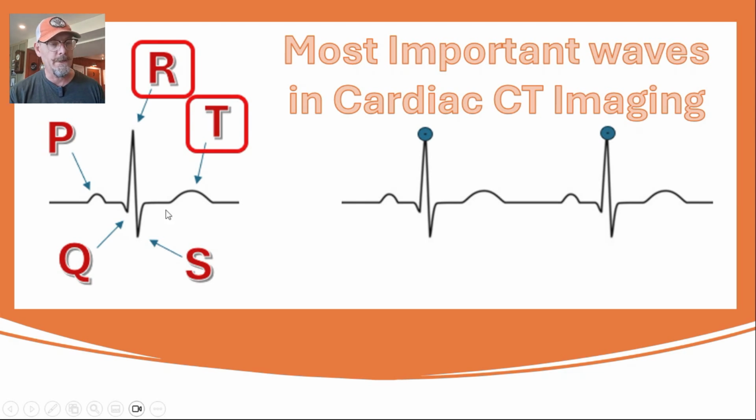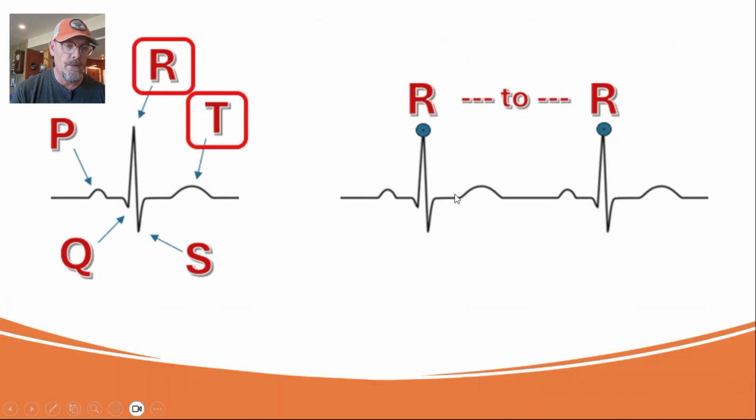We also identified that the R wave and the T wave are the 2 most important waves that we must identify in cardiac CT scanning. Each R wave is tagged, and we call this the R to R wave, or the R to R interval, per every cycle.